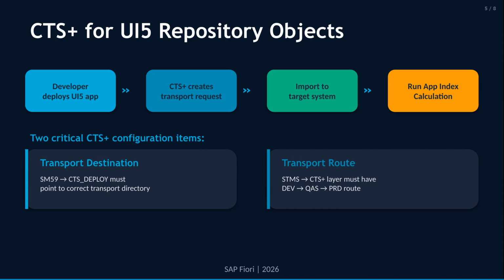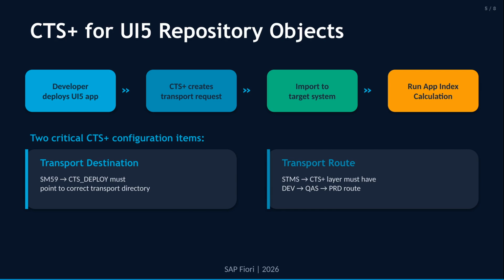When a developer deploys a UI5 app from SAP Business Application Studio or from the command line using the UI5 tooling CLI, the system creates a CTS Plus transport request. This request contains the entire UI5 application as a binary package.